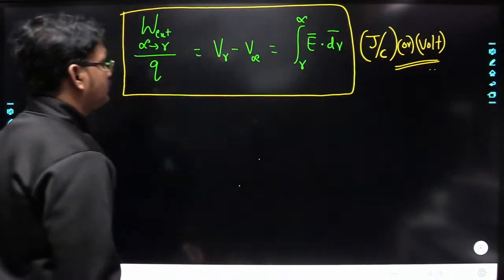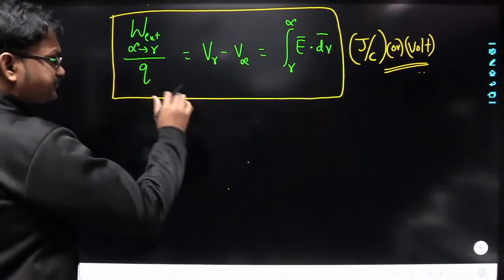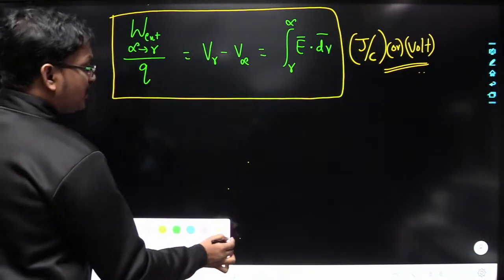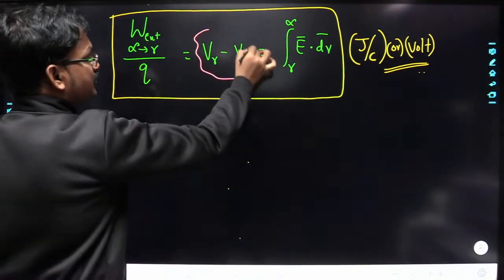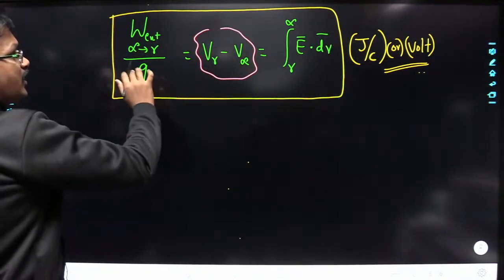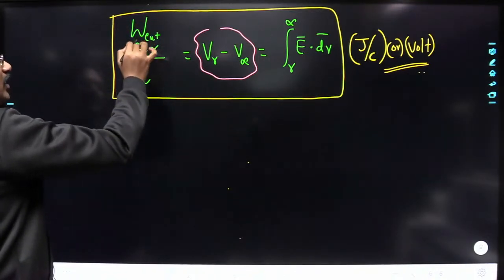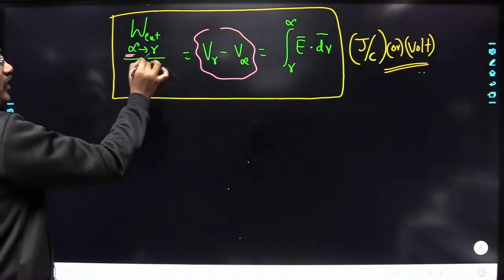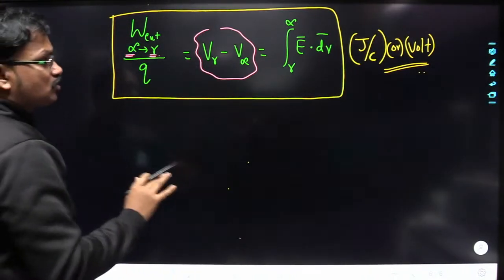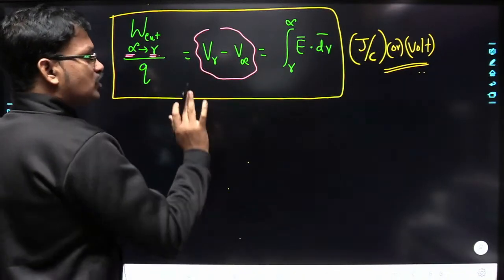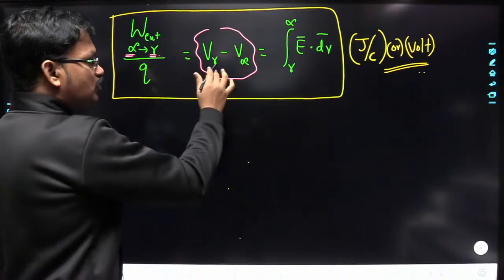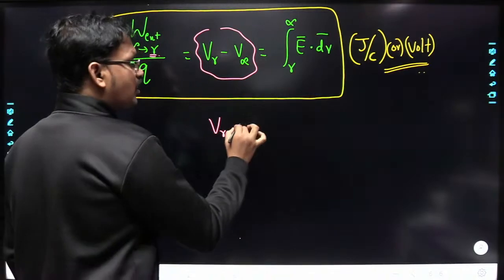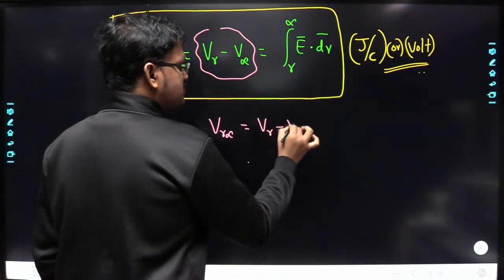Okay, now see here. Generally students get confusion here, because it is VR minus V infinity. This is the work done per unit charge in moving the charge from infinity to R. So it is VR minus V infinity. In some books they will write it as VR infinity, where VR infinity is equal to VR minus V infinity.